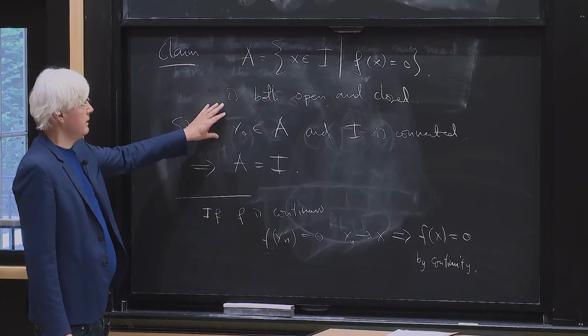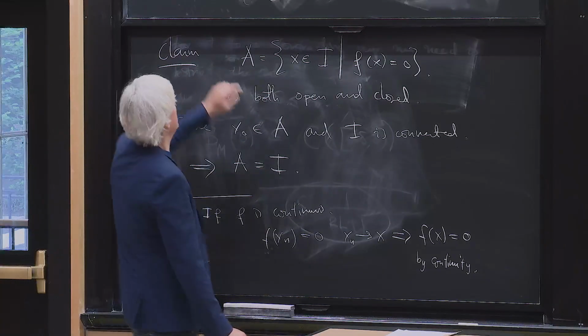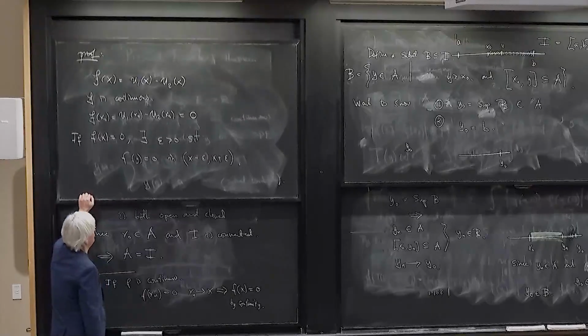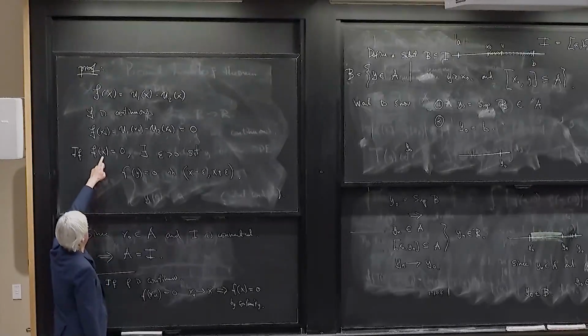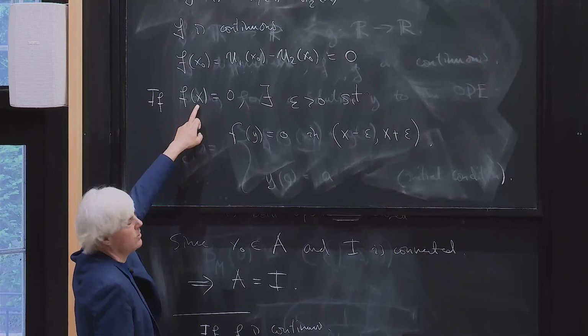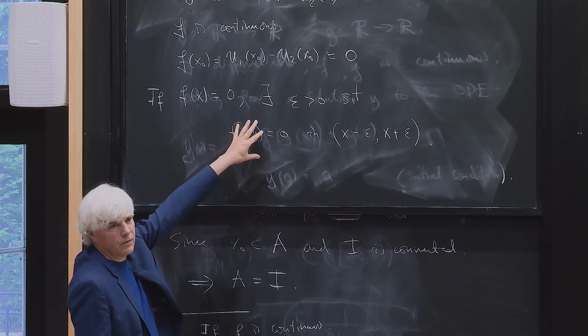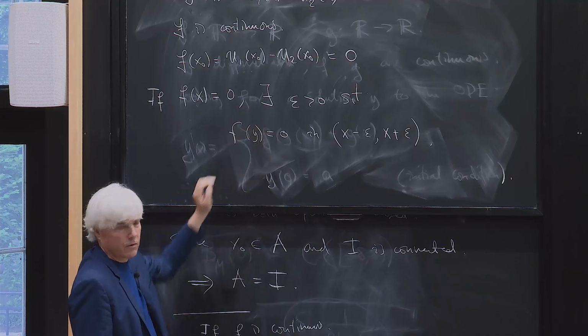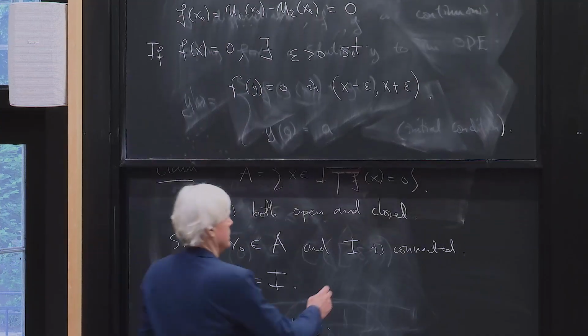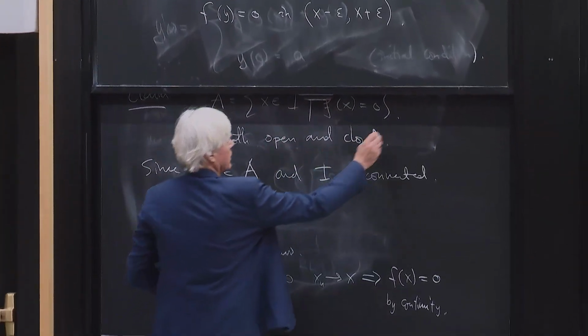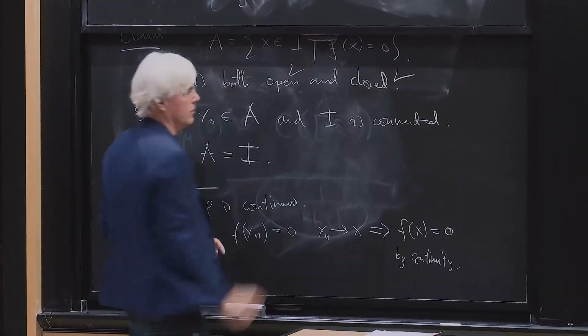And the open part is exactly the property that we are assuming, that each element is interior, which means that there is a little interval around it. So we have proven that it's closed, and also open.